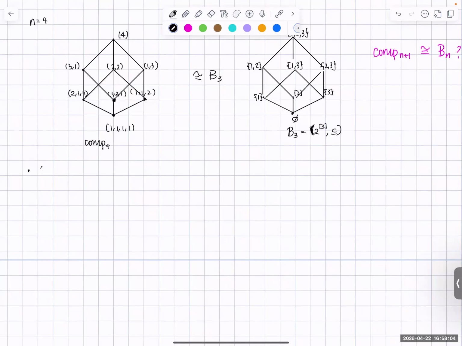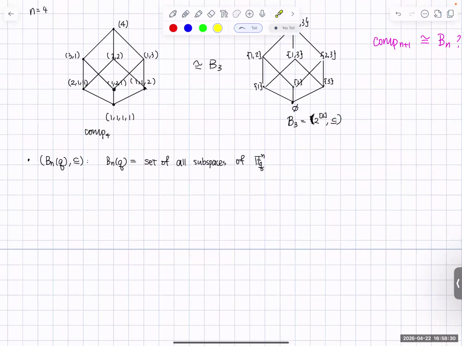So we call it B_q(n), with inclusion. Here, B_q(n) is the set of all subspaces of F_q^n, and then just ordered by inclusion.